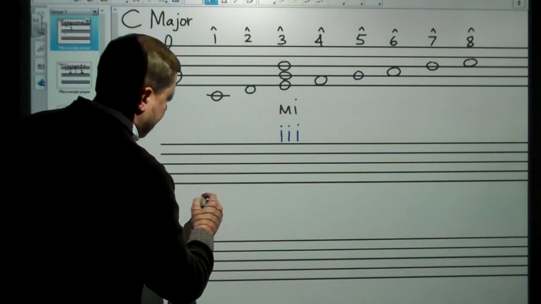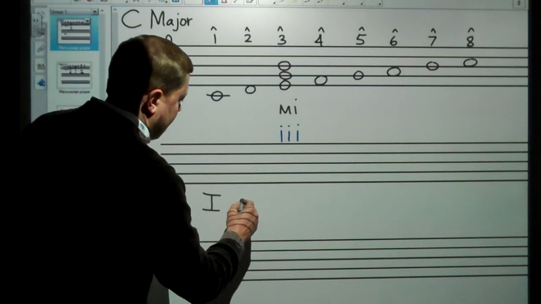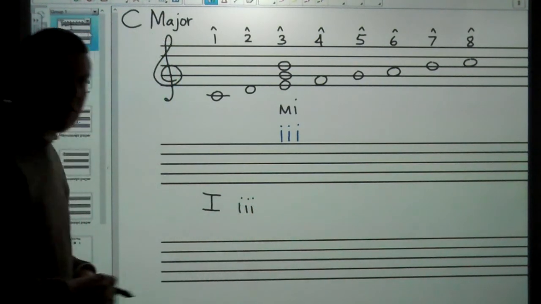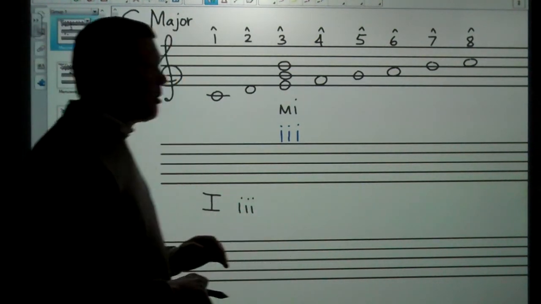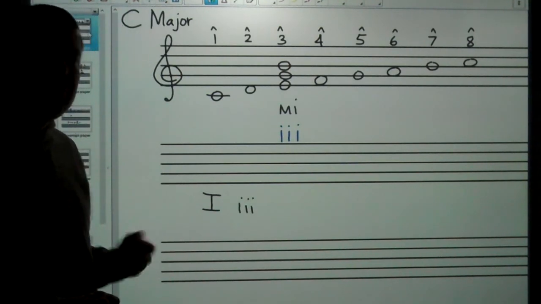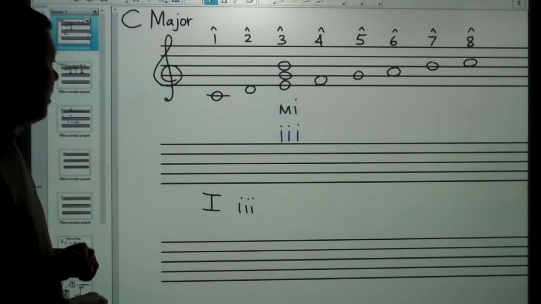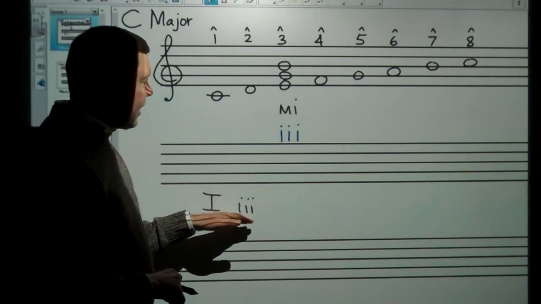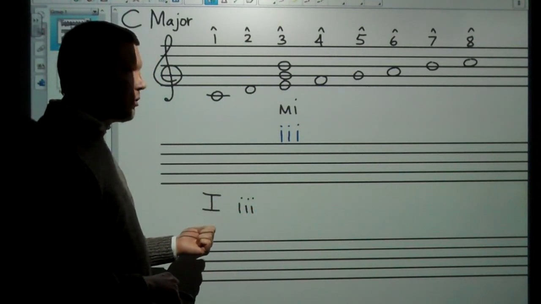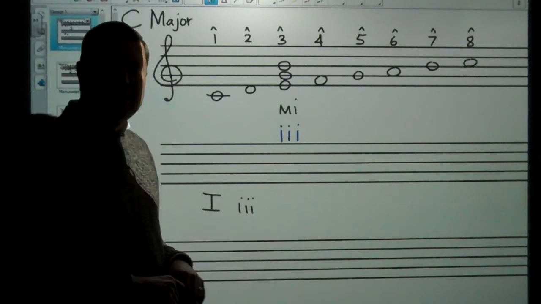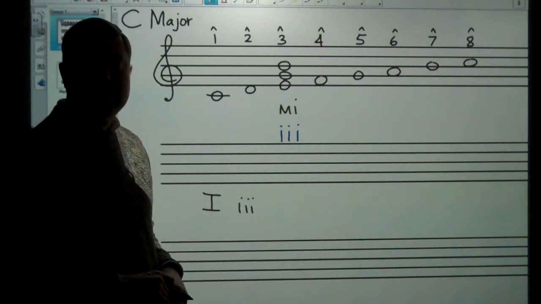If I were to write a progression that contained a 3 chord pretty early on, and after the 3 chord I wrote what's called a descending fifth root movement or a circle progression, what that means is that any chord whose root is a fifth lower than the previous chord would come next in a succession of harmonies.